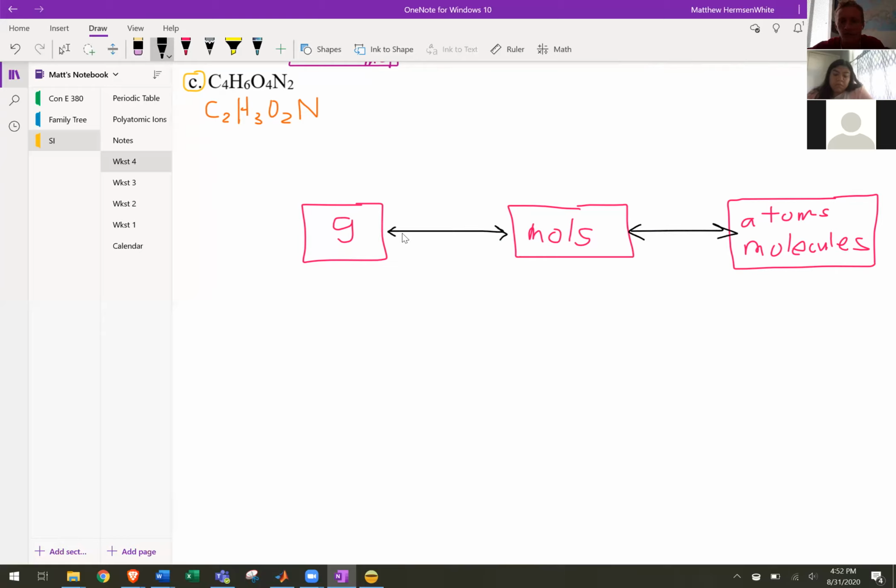So if you want to go between moles and grams, this is where we use molar mass. And remember, this is measured in grams per mole. So this is where we're using the molar mass from the periodic table. And if we want to go from moles to atoms or molecules, this is where we use Avogadro's number.